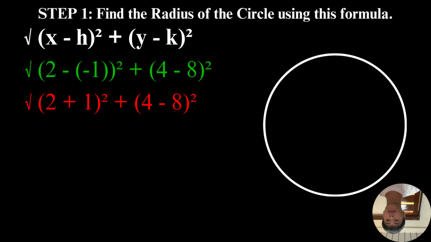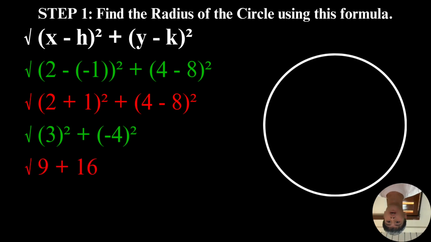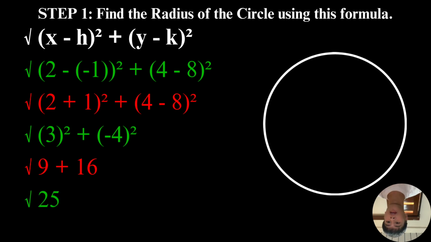We can simplify by turning 2 minus -1 into 2 plus 1, as two negative signs side by side equate to a positive sign. Further simplify by combining the terms inside the parentheses, which turns into the square root of 3² + (-4)². We then square both values, which turns into the square root of 9 + 16. By simple addition, we add 9 plus 16 together, making the square root of 25.